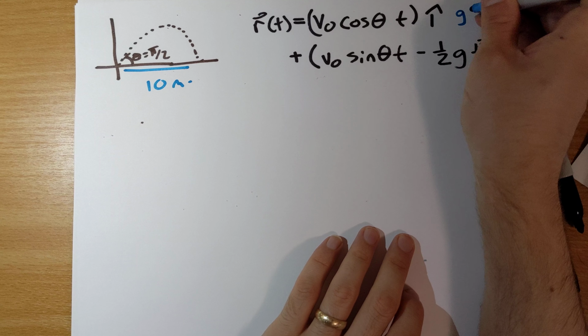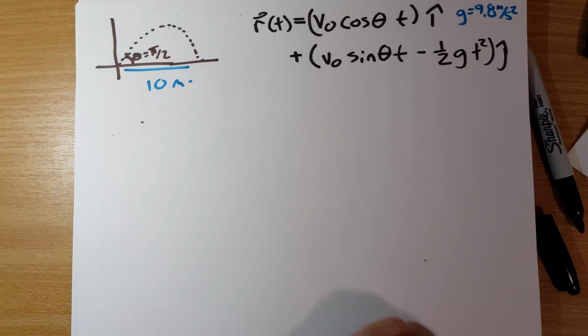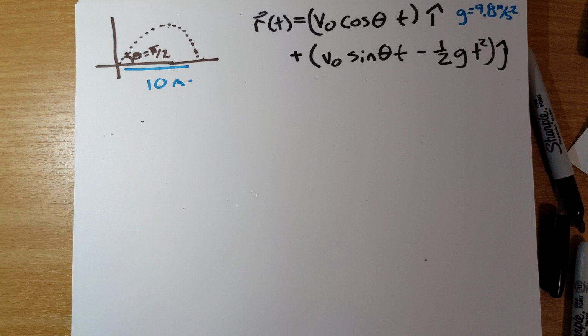Here g is, we'll use the approximation, 9.8 meters per second squared because we're working in metric units.